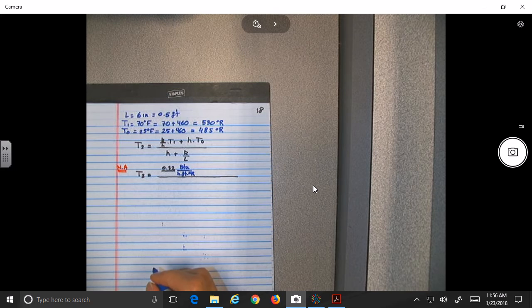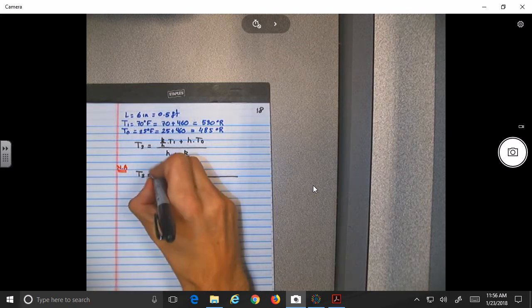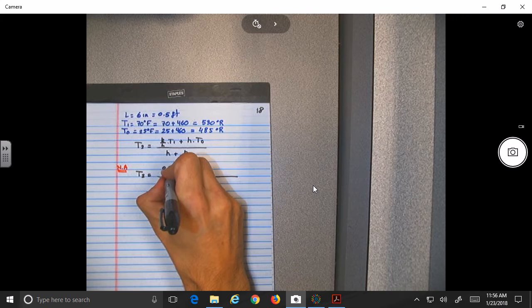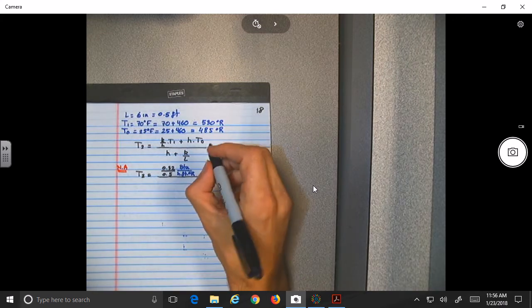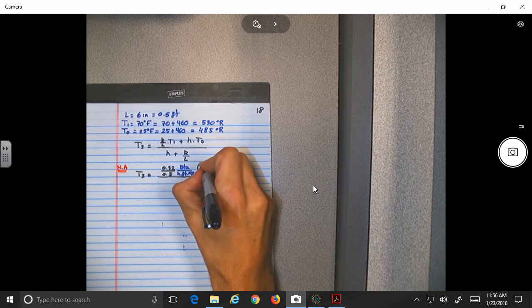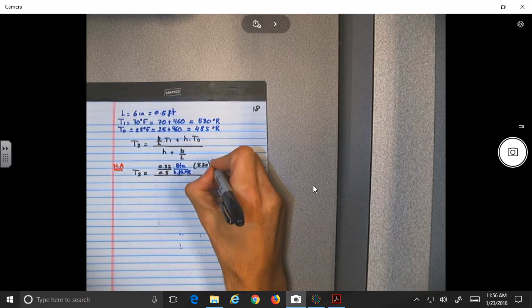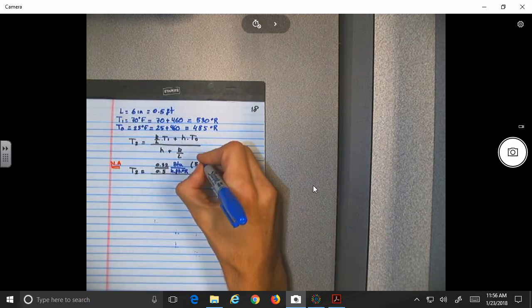Half a foot, no? So here you need to put 0.5, and T1 is equal to 530 Rankines.